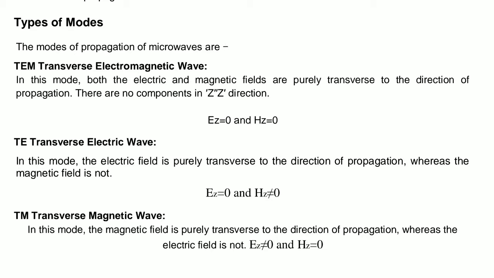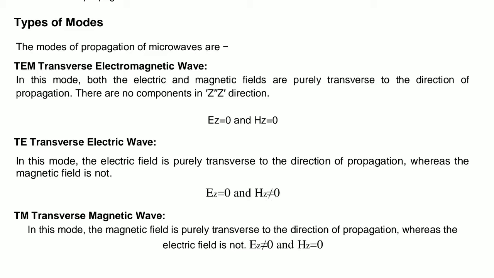Let's see the first mode, that is TEM mode, which stands for transverse electromagnetic wave. In this mode, both the electric and magnetic fields are purely transverse to the direction of propagation. Transverse means perpendicular, likewise we can say. So there are no components in the z direction, okay.